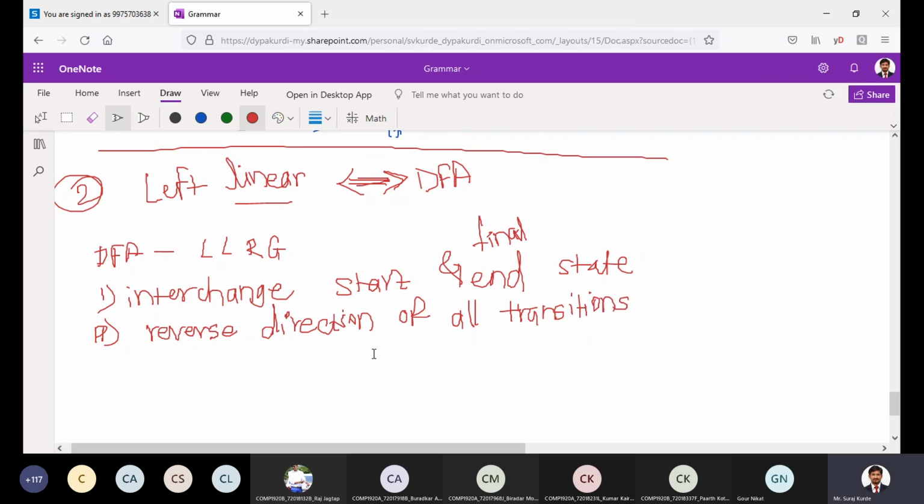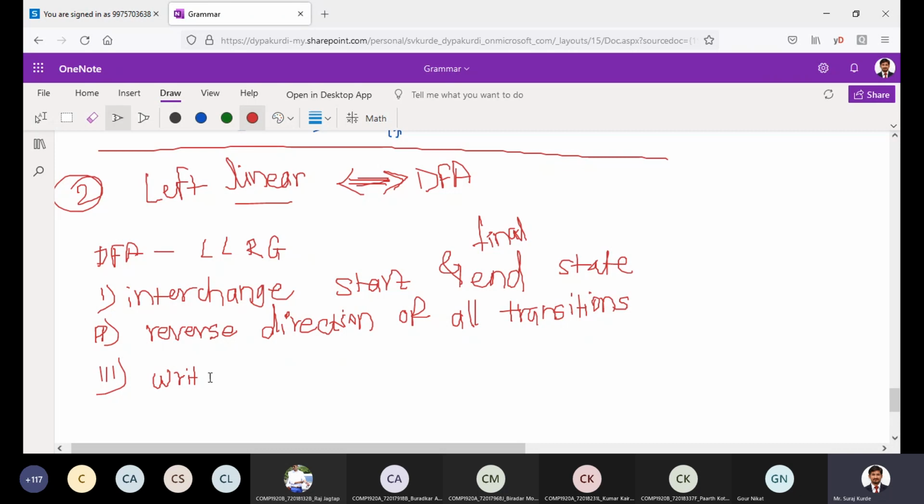For each transition, reverse the direction. We are not interchanging remaining states, we are just interchanging start and final state, Q0 and QF. Then reverse the direction. And third, write grammar from all these transitions in left linear format.